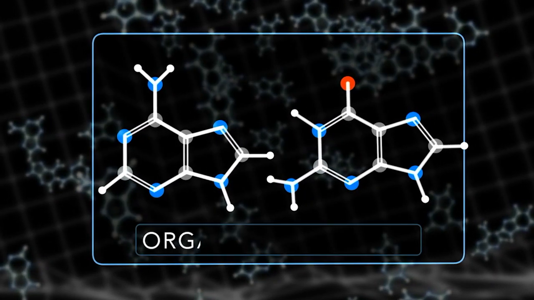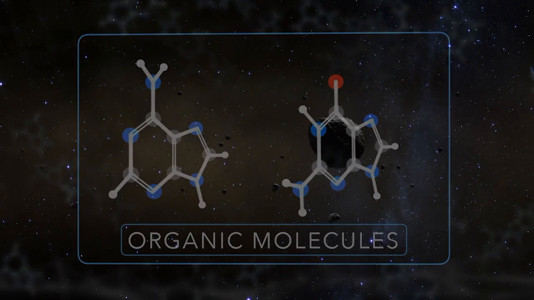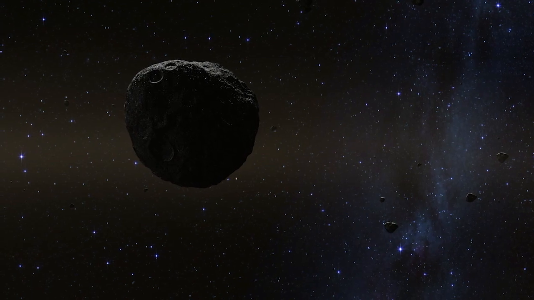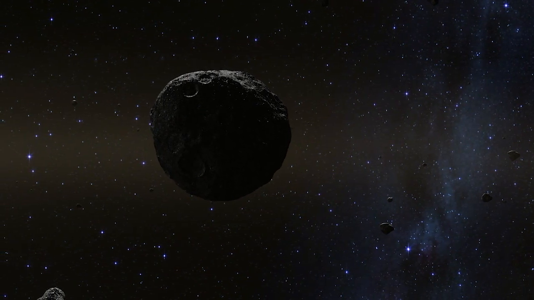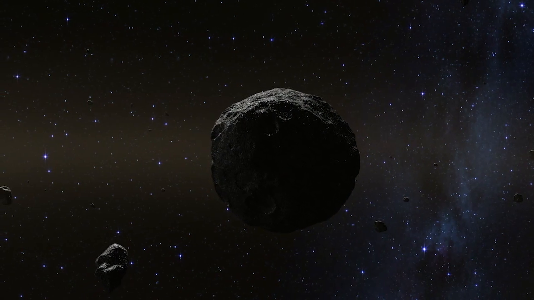The most primitive asteroids are carbon-rich and are believed to have material preserved from about 4.5 billion years ago, around the formation of our solar system. These asteroids could contain organic molecules, volatiles, and amino acids that may have been the precursors to life on Earth or elsewhere within our solar system.